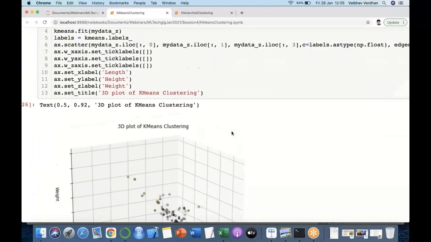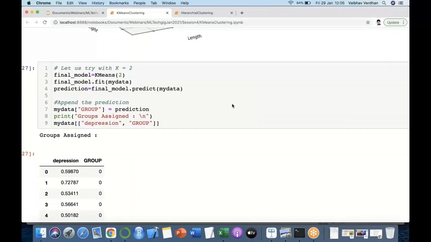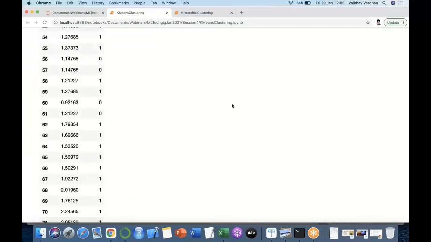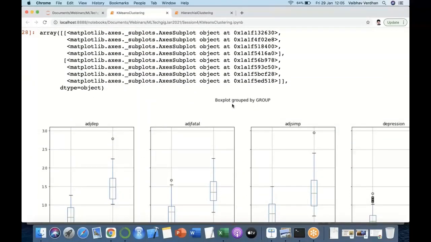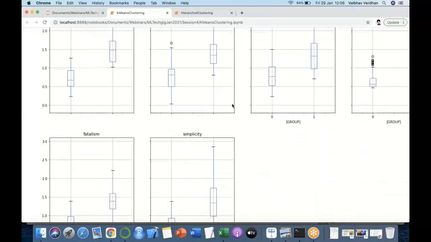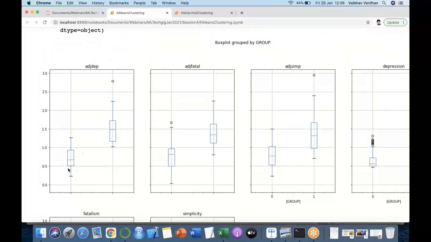Then how can you visualize your clusters? This is the 3D plot of K-means clustering to visualize your clustering output. If I try with 2 clusters, these are the respective groups which I get. Over here, we have shown the box plot also: if I have different clusters, what is the box plot of them? With 2 clusters for adjusted depression, you can see that the box plots are quite different, and that is the objective.